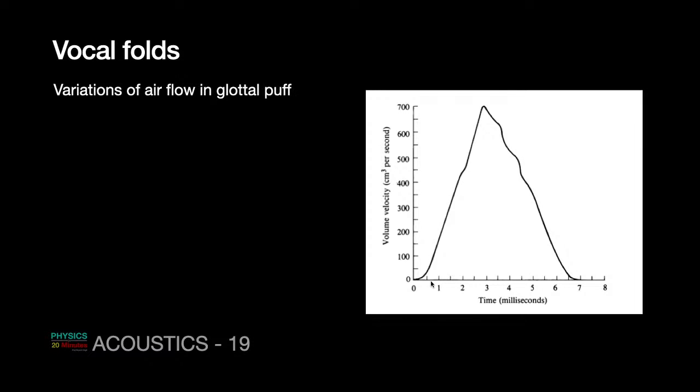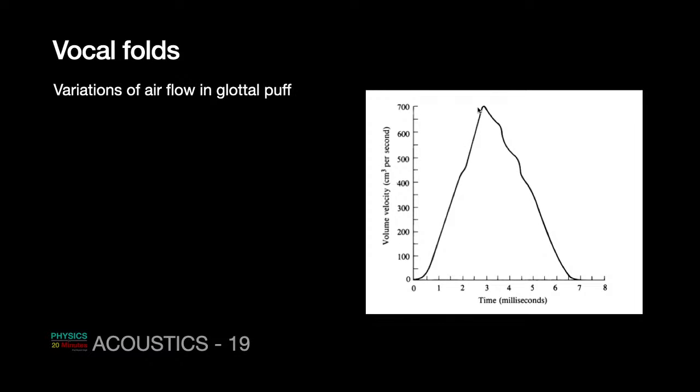You can see here that for around 3 milliseconds, or slightly over 3 milliseconds, the volume velocity goes on increasing. But as the airflow increases, you know that the pressure will drop.